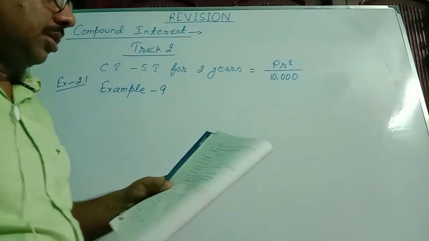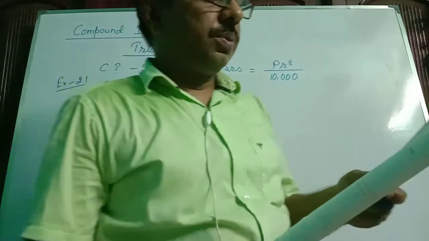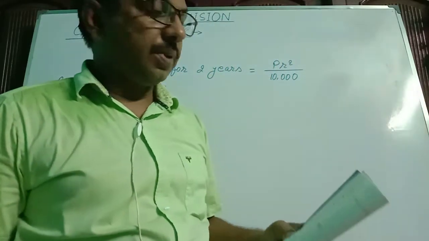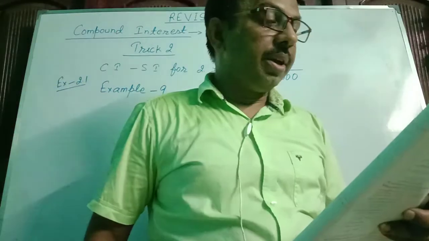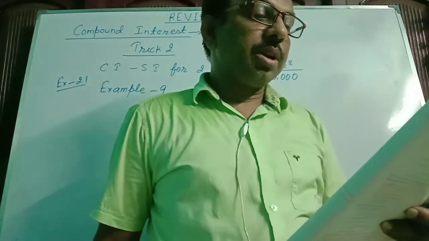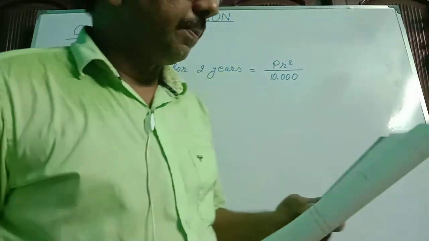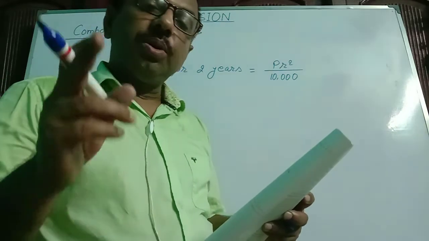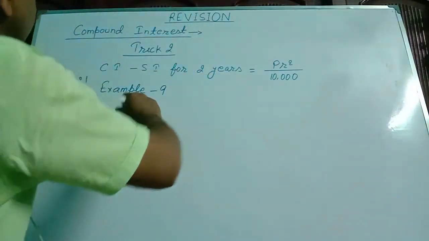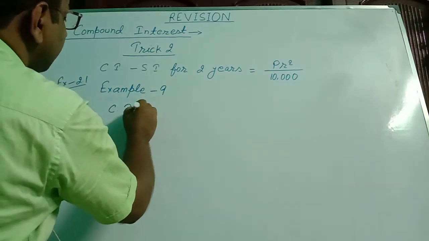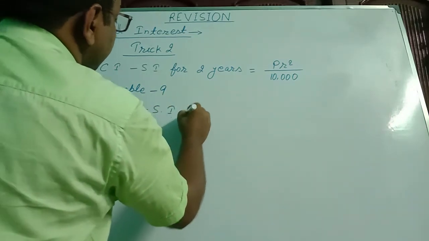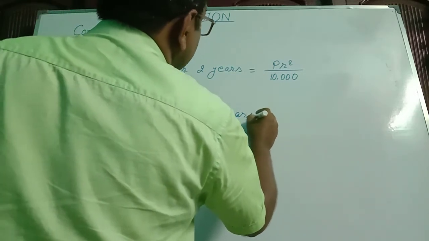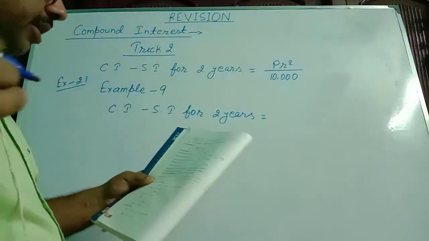In this question, find the difference between the simple interest and the compound interest on rupees 9,500 invested at 8% per annum for 2 years, the compound interest being payable yearly. Difference between simple interest and compound interest for 2 years is asked. So we write CI minus SI for 2 years equals PR square by 10,000.